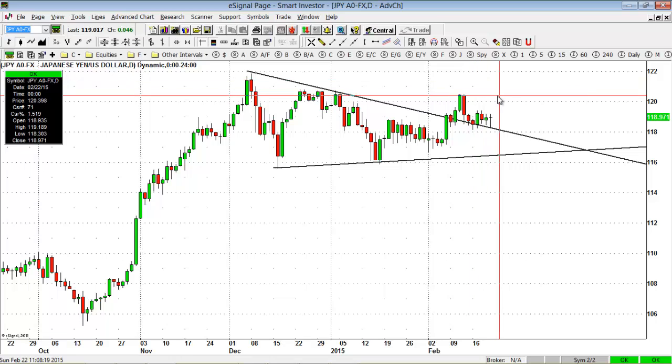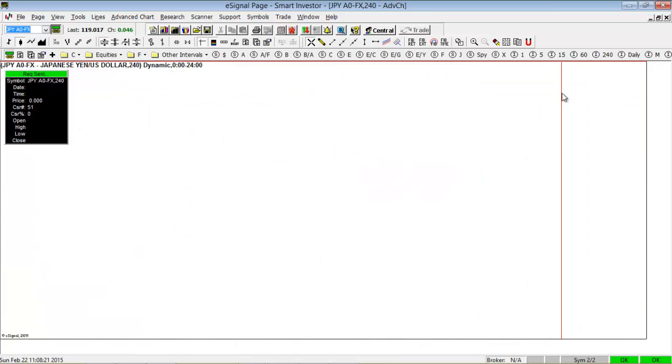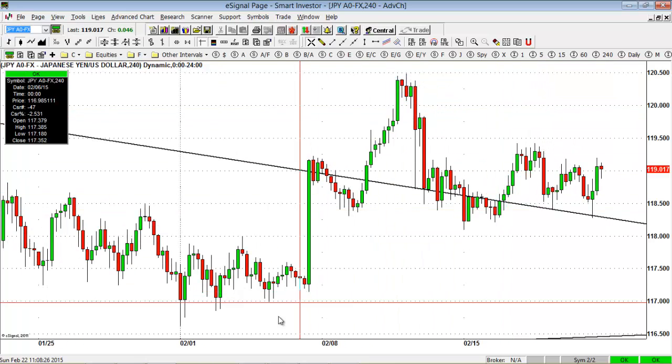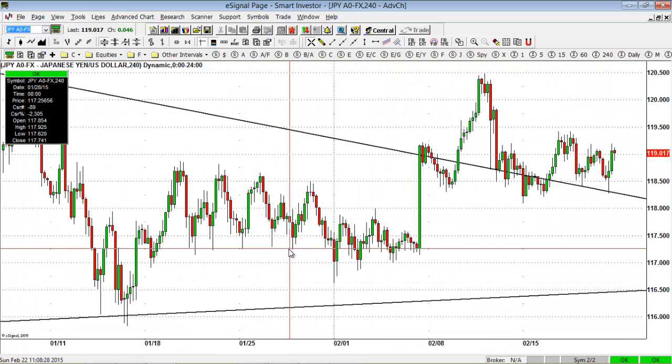Now, looking at the 4-hour chart on the USD Japanese yen, we see that the market is testing this trend line. Support is down by the trend line here around the 118 level, with these lows at roughly 118.15 or so.